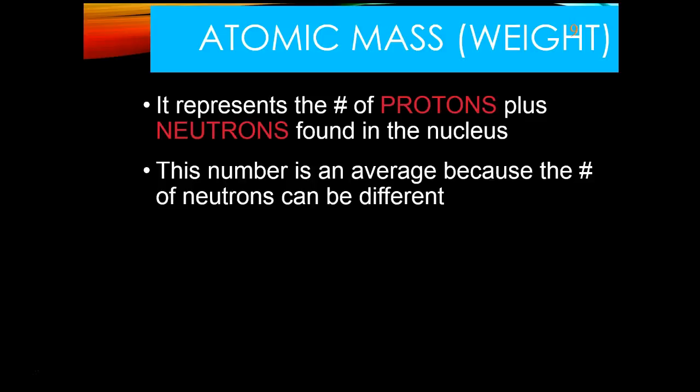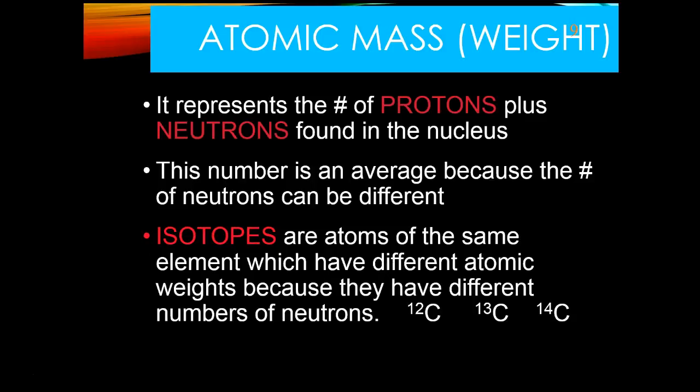Carbon is number 6, so that means that it has 6 protons. But we can have a variety of carbons. We can have carbon 12, carbon 13, for example, carbon 14. Isotopes are atoms of the same element which have different atomic weights or atomic masses because they have a differing number of neutrons.